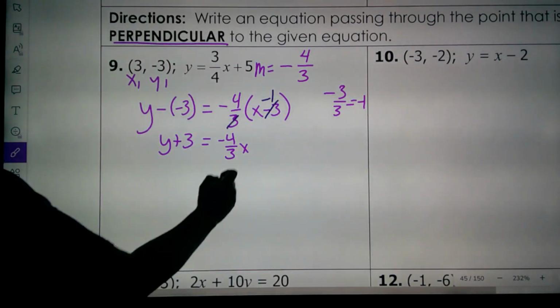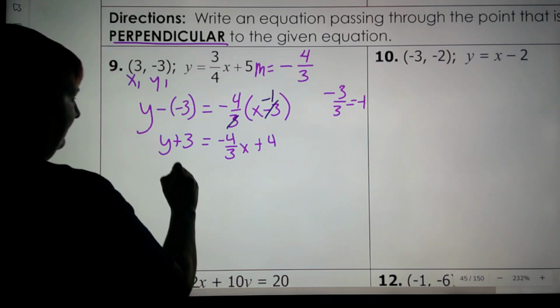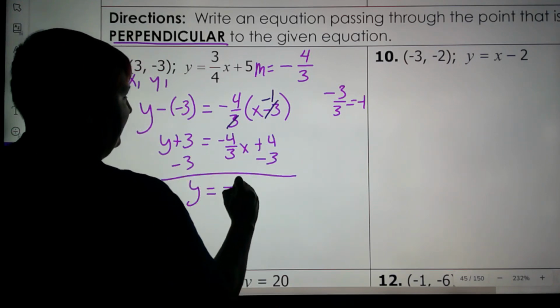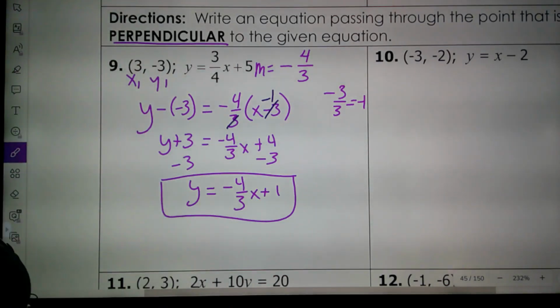Negative 4 times negative 1 is positive 4. Subtract 3 from both sides. y equals negative 4 over 3 x plus 1. Bam, done.